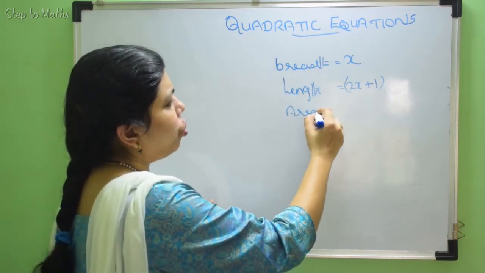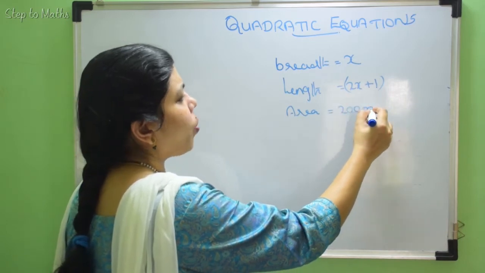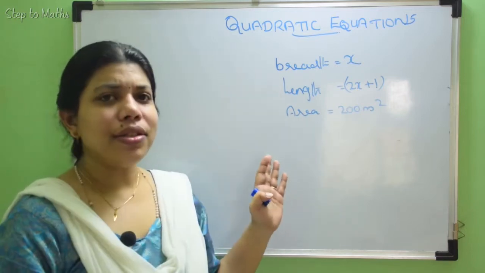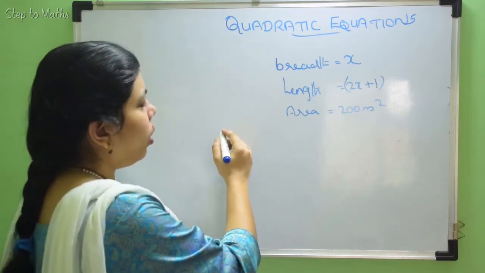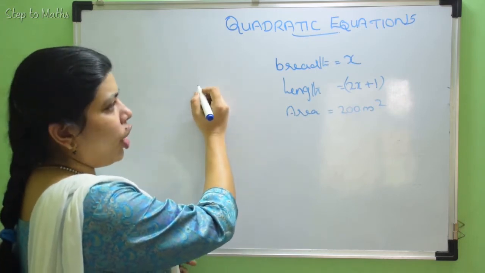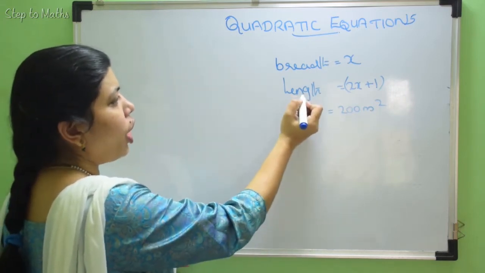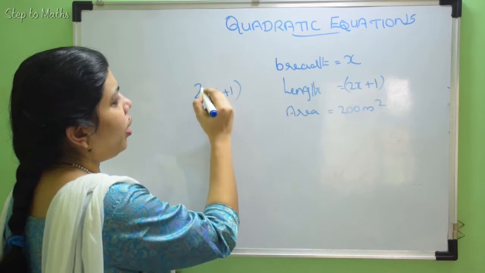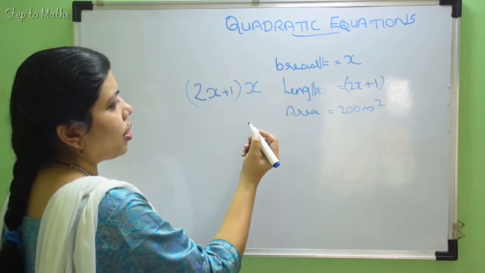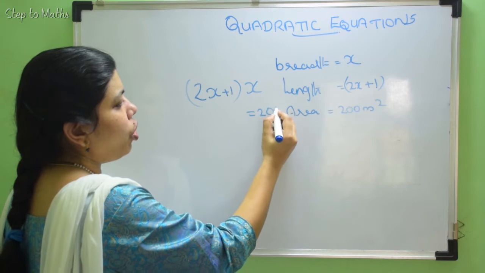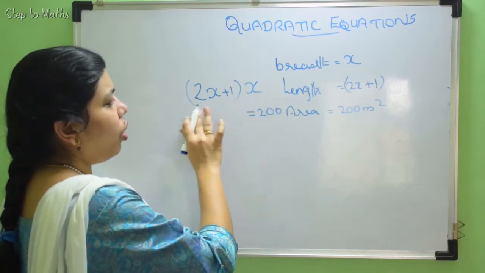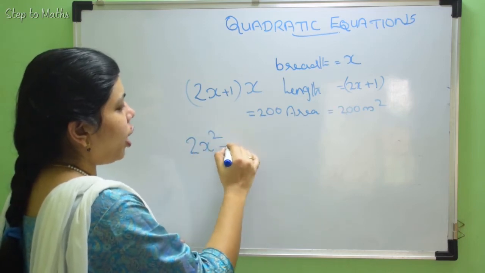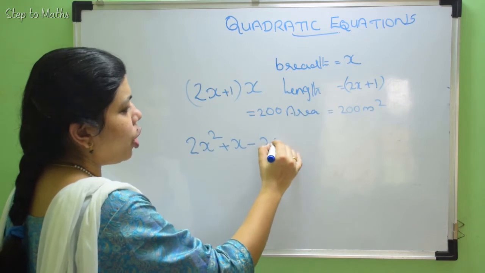Suppose the area is equal to 200 square meters. Using this information, we write an equation. Area is length into breadth, that is here length 2x plus 1 into x, that is equal to 200. If we remove the bracket, then 2x square plus x minus 200.